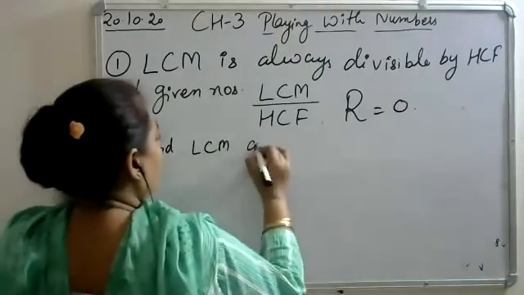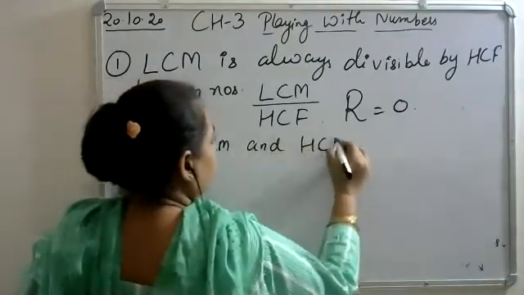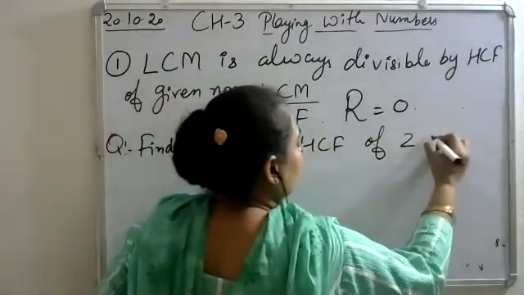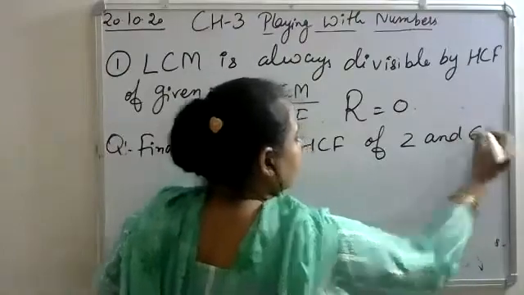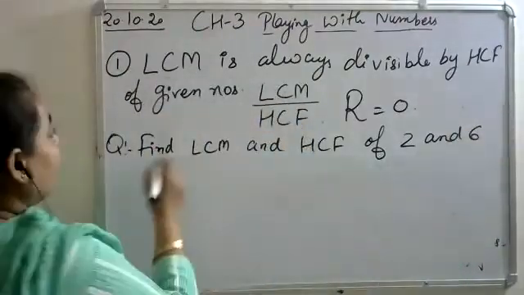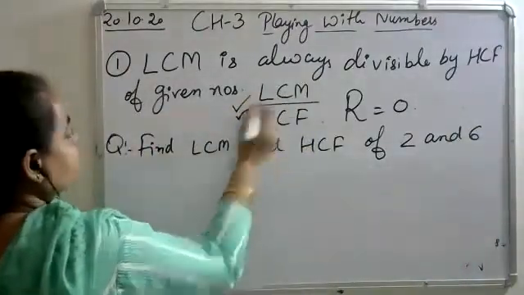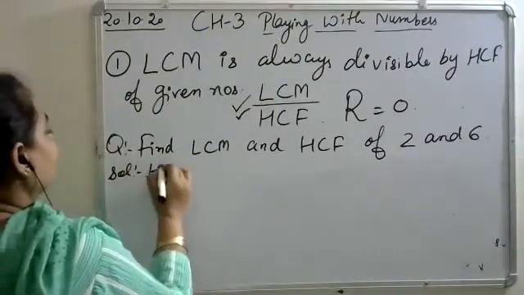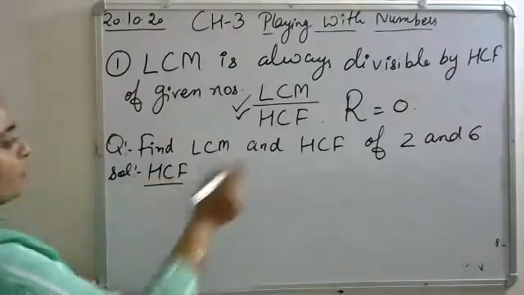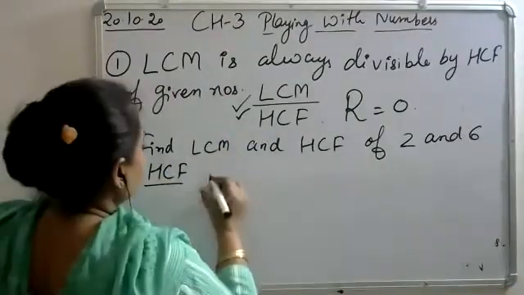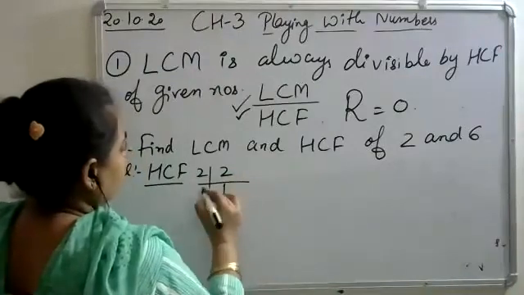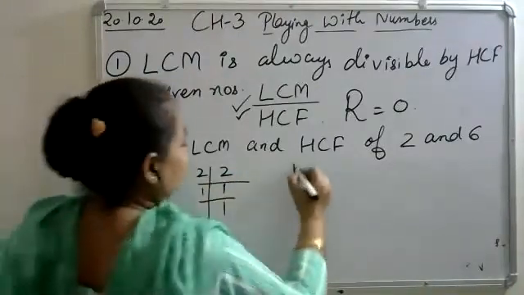Find the LCM and HCF of 2 and 6 and verify this result. Now start. First of all, HCF. Find HCF. 2, then 6.